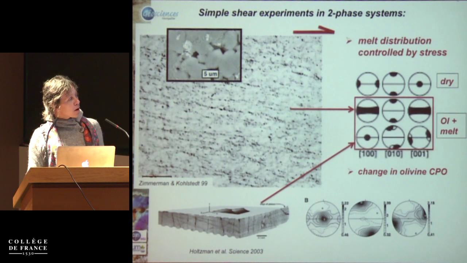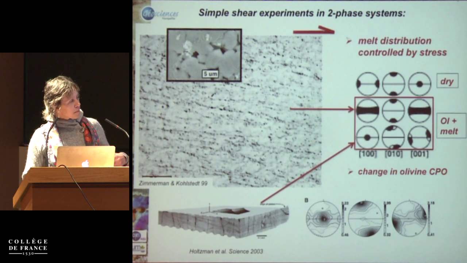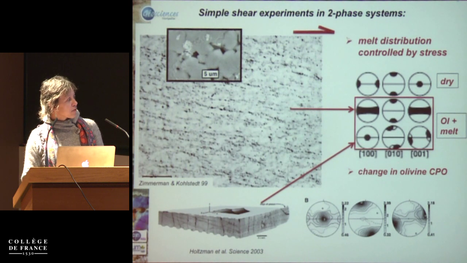If you deform, you can also have segregation of the melt in melt-rich bands, the dark parts here. It depends on the scale of the system, the compaction length scale. You can either have a distributed melt that's aligned, or segregation of melt in bands. Here also the bands are at a low angle to the shear plane.